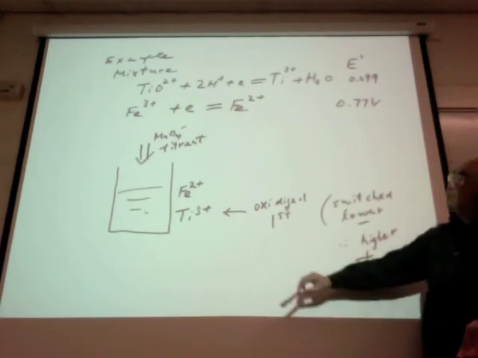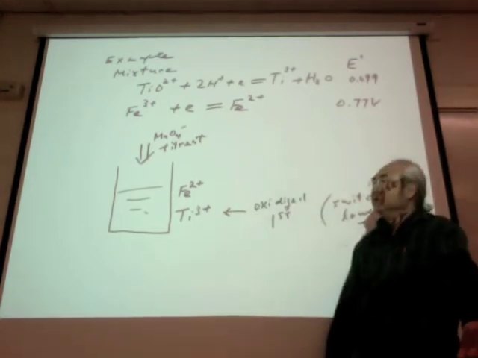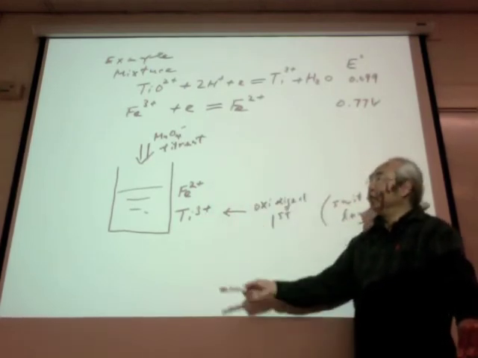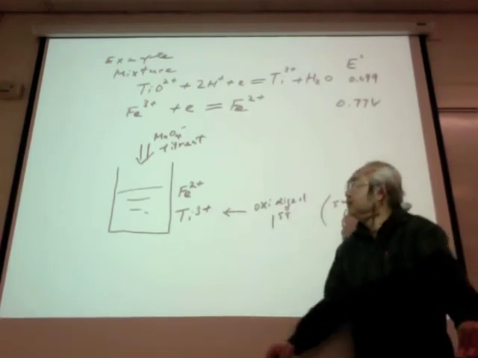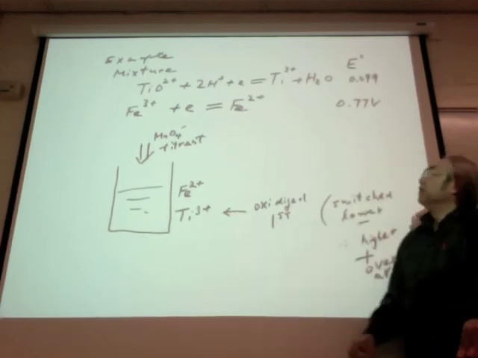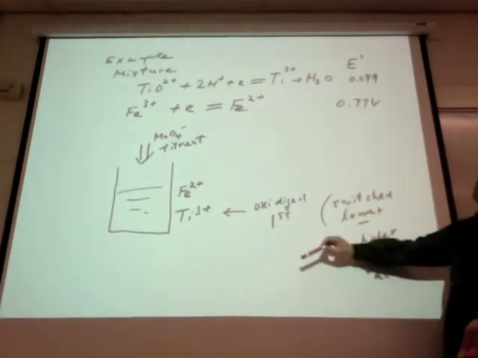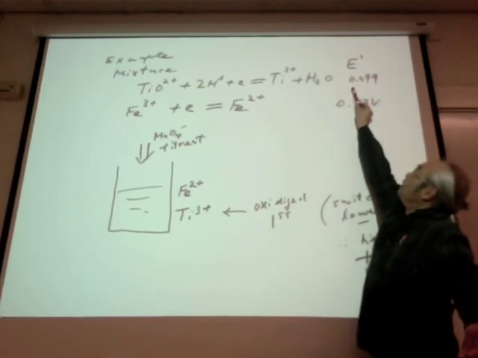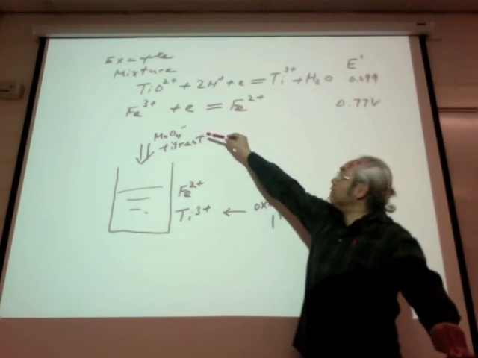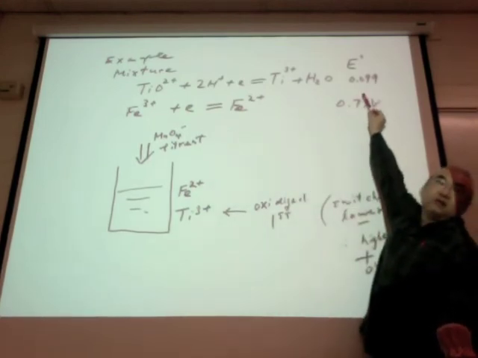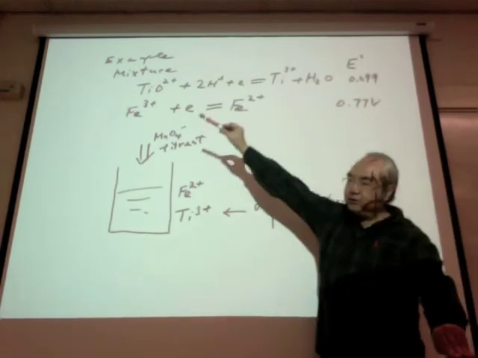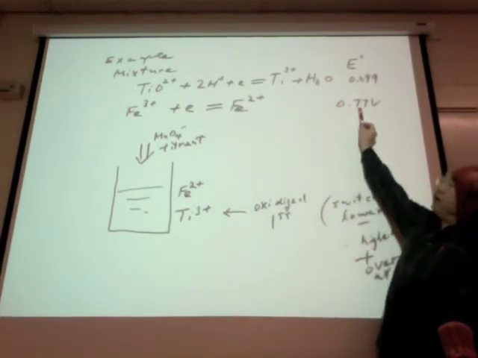Then look at the mixture. Okay, both of the two reactions will go, then which one will go first? Well, here it indicates this guy is going to get oxidized first, simply because when this is switched in direction, then it is a minus 0.1. If this was switched the other direction, this is a minus 0.77.